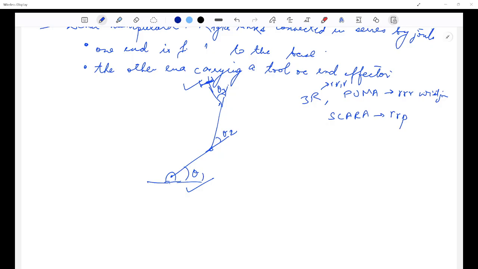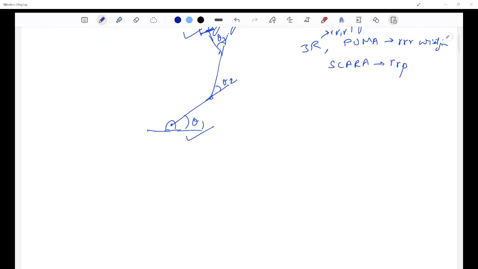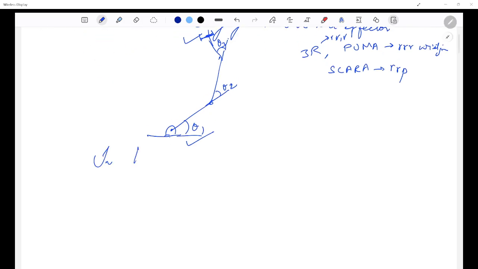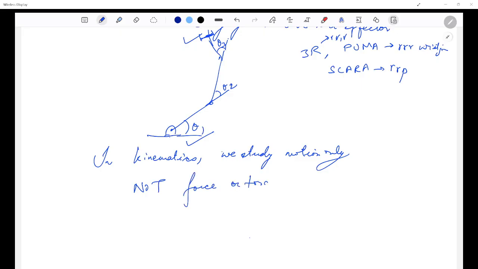Okay, so in kinematics we study motion only. This is the first thing that we need to be clear. We do not study forces or torques here. If we talk about forces and torques, all of this comes into dynamics.